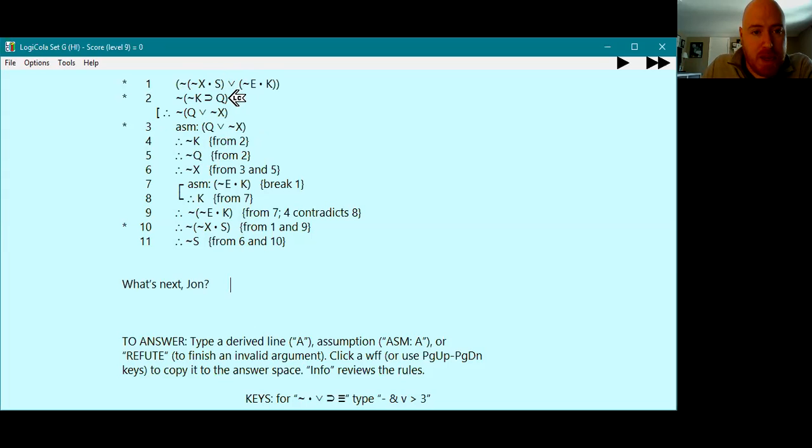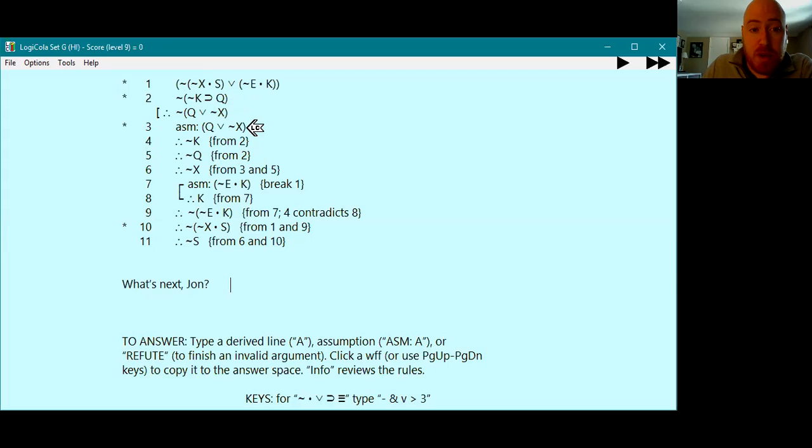All right. Now with premise 2, I've got that not K is true, and I've got that Q is false. Okay, so that means that this horseshoe is false. That's because I've got a true antecedent and a false consequent, which makes this horseshoe false, which makes this tilde true. Okay, so this premise is true.